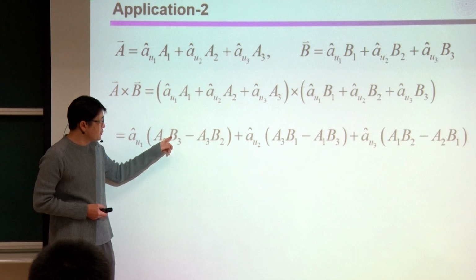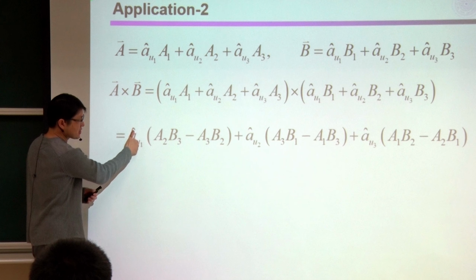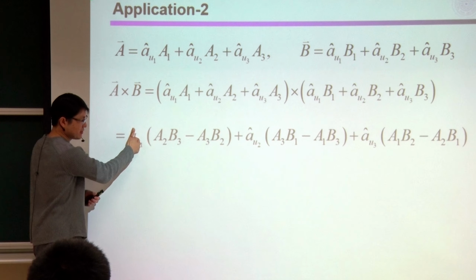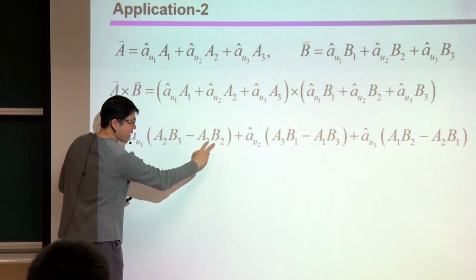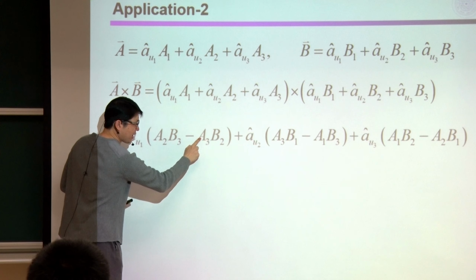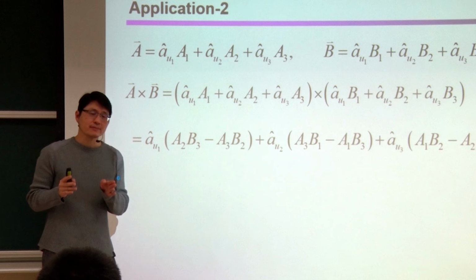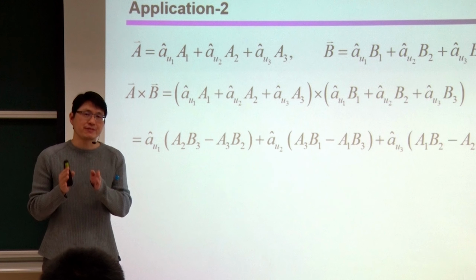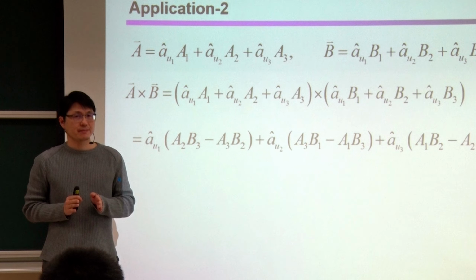So A2 B3 gives you a positive first direction surface, but there must be a negative surface with A3 B2. Remember again, this is telling you surfaces are vectors.